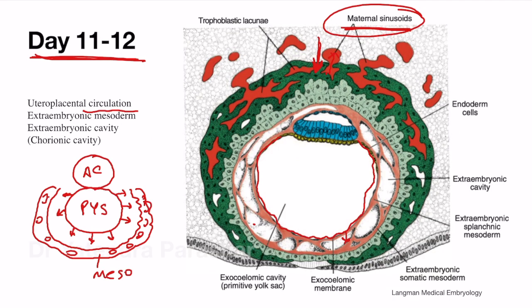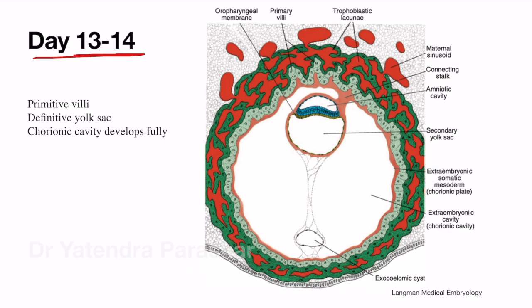These are the lacunae or cavities inside the mesoderm. This is known as the extraembryonic cavity, and these cavities gradually merge to form a large extraembryonic cavity or chorionic cavity.